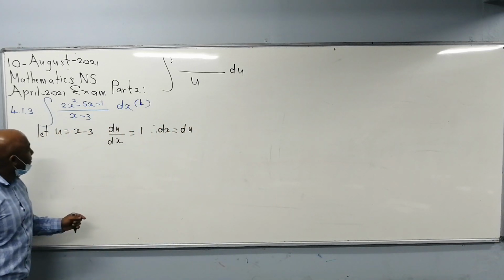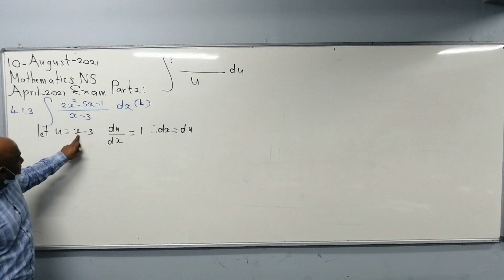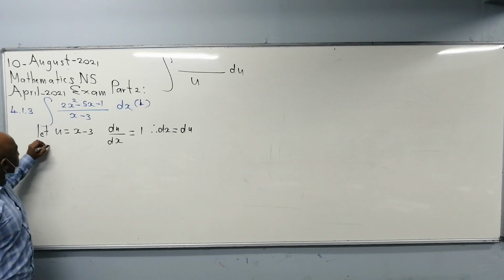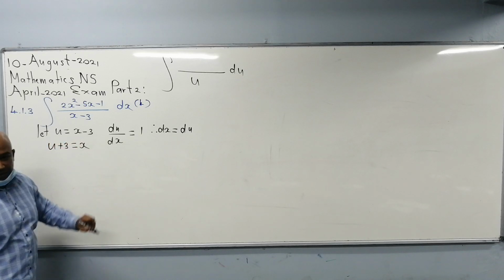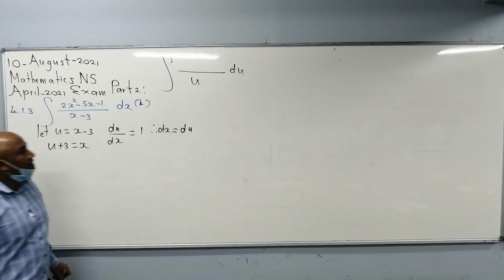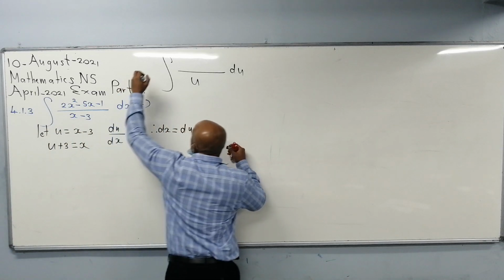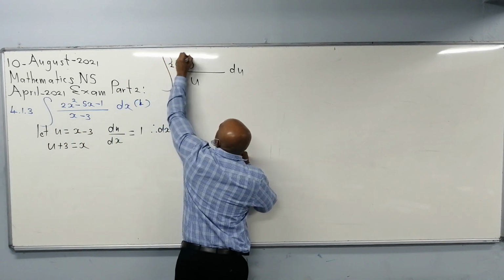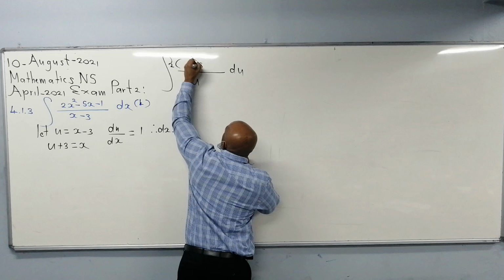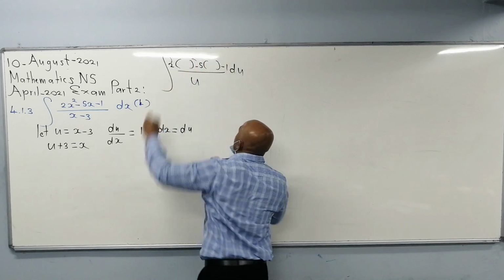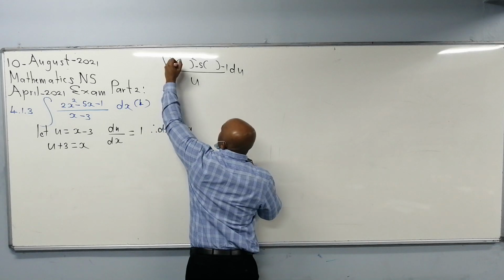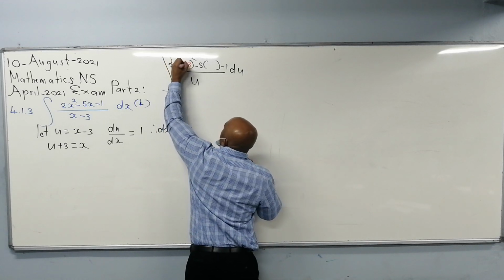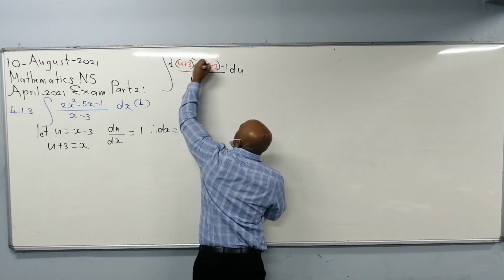All you do is make x the subject of the formula, so u plus 3 is equal to x. Can you see that? So you've got 2x squared minus 5x minus 1, but x has been replaced with u plus 3.